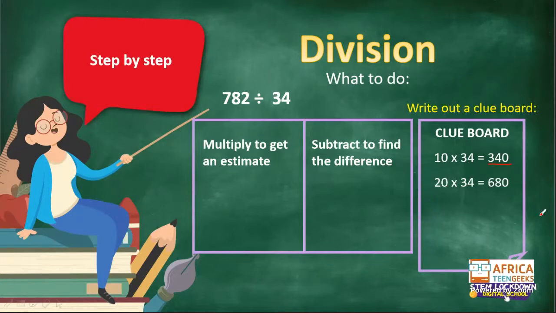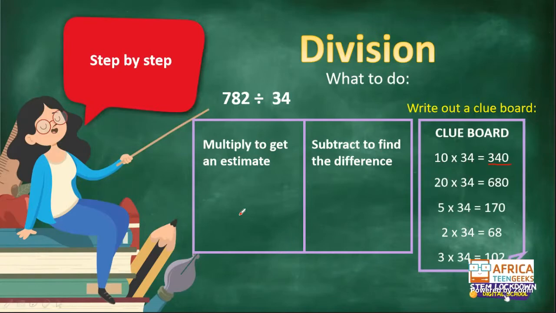So I need to work out what's half of 340, and that is 170. And then maybe I can double 34. I get 68. So 2 times 34, 68. And for this one, I thought it would be best to double it again. That's fine. You can write 4 times 34, but I just added another 34 to get to 102. So my clue board has 10, 20, 5, 2, and 3.